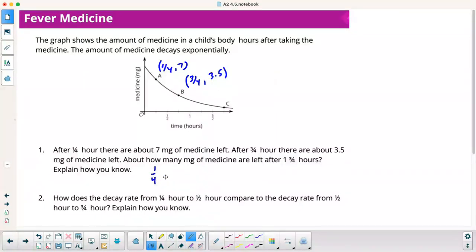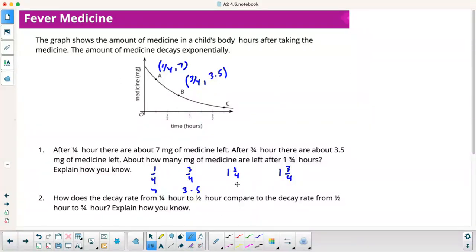If I go a quarter of an hour, 3/4 of an hour, next one's going to be 1 1/4. And the next one's going to be 1 3/4. So if here I'm at 7, here I'm at 3.5, you're times it by half every half hour, essentially.